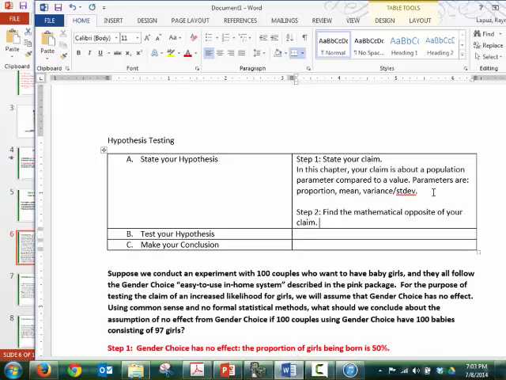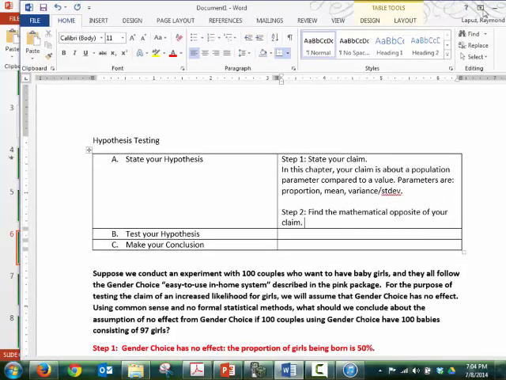Your claim can eventually be written as a mathematical statement with a population parameter set equal to, not equal to, bigger than, less than or equal to, one of those symbols, a specific number. And what we're going to want to do with that is find the mathematical opposite of your statement.